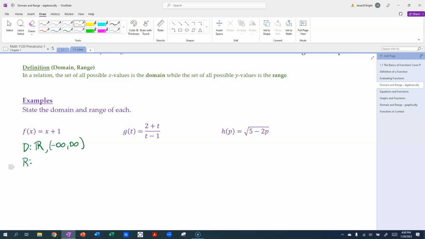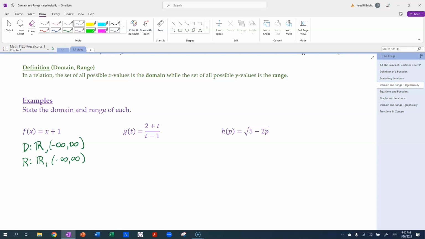If I put in 5, I get 6. If I put in negative 52, I get negative 51. If I put in 0, I get 1. What I get out is in the range of any real number. So again, you could say this is double-bar R, or minus infinity to infinity in interval notation. So that one's a little easy.